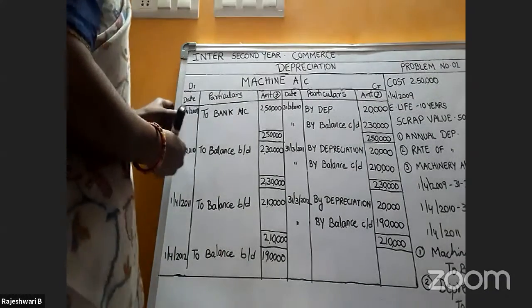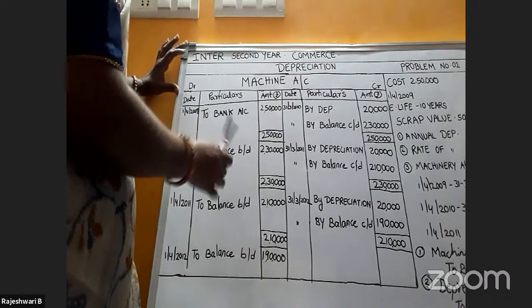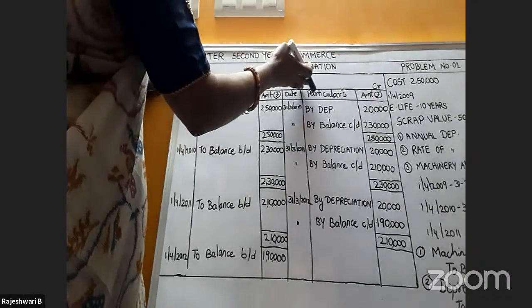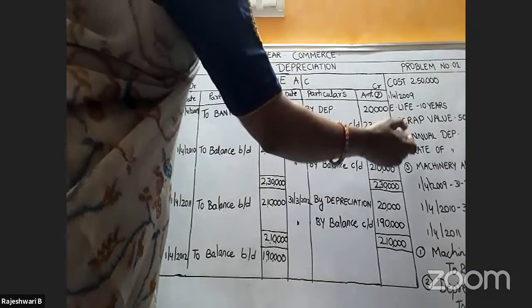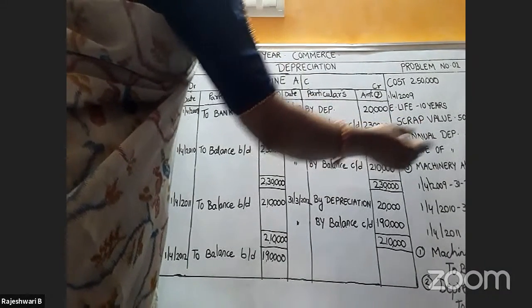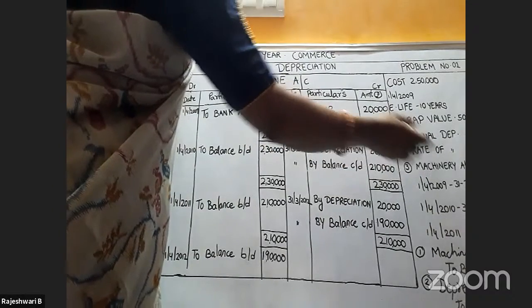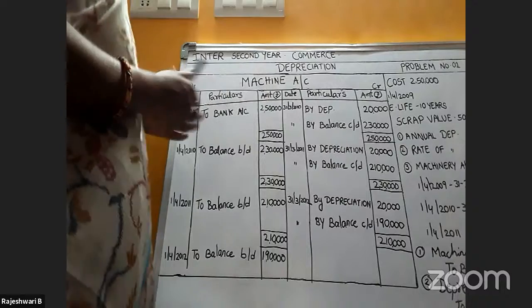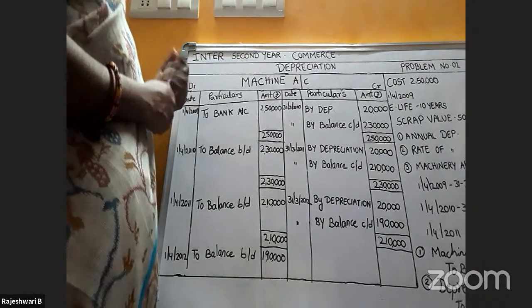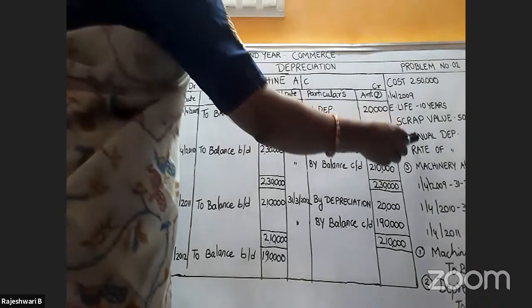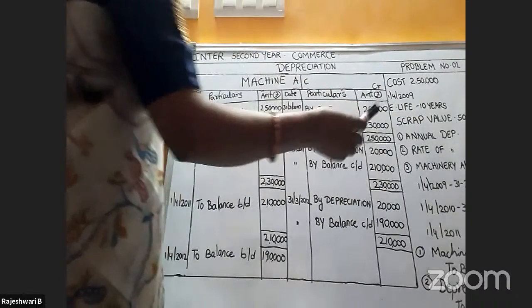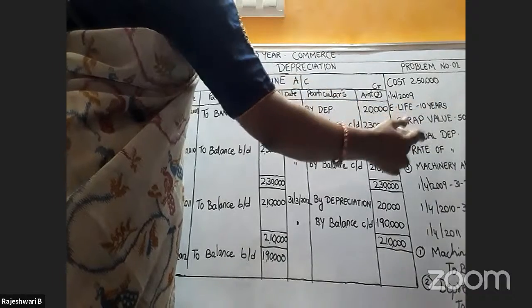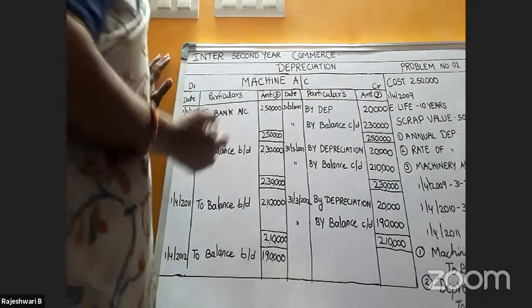They asked us to find out the annual depreciation, the rate of depreciation and the machine account. What is the formula for annual depreciation? Annual depreciation is equal to cost minus scrap value divided by estimated life of the asset.